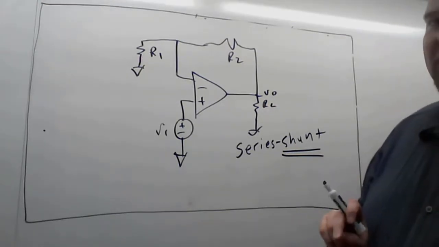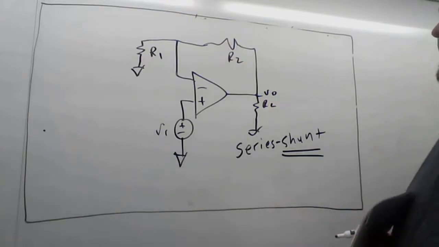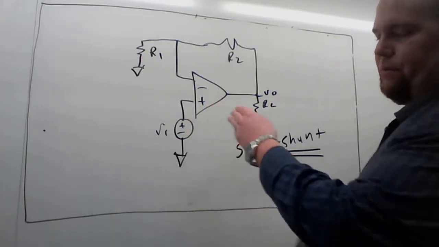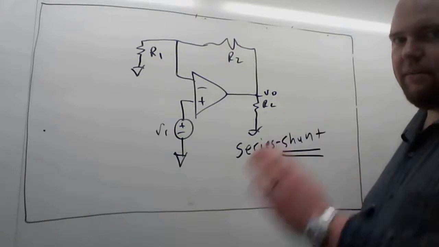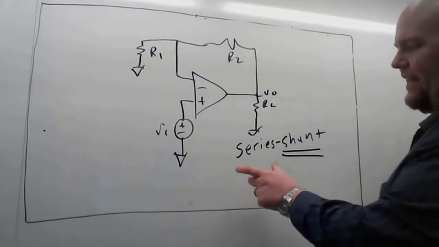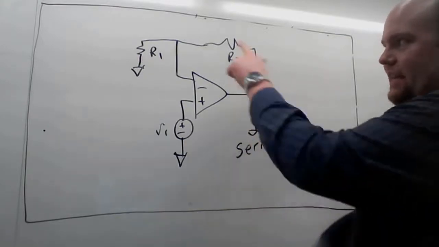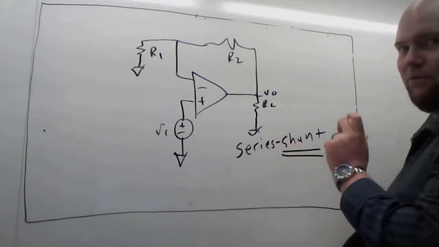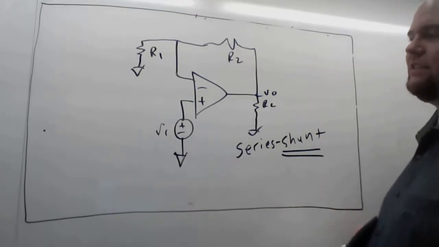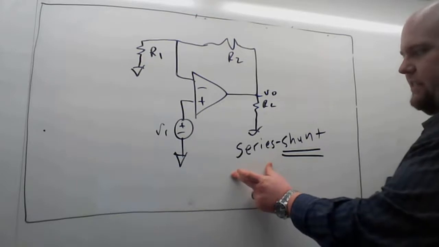That is considered series sampling on the input. So when the input signal to our amplifier is a voltage, it's referred to as series, even though a voltage at the output was sampled in shunt. Very confusing. If the input signal is a voltage, then it's called series.